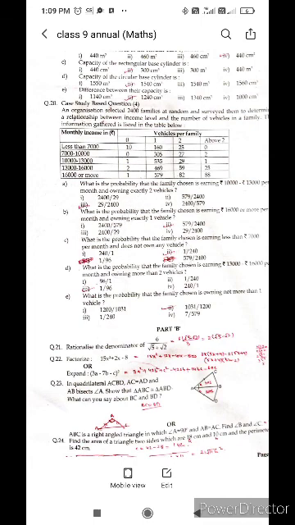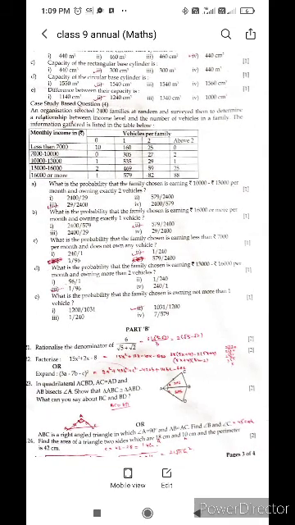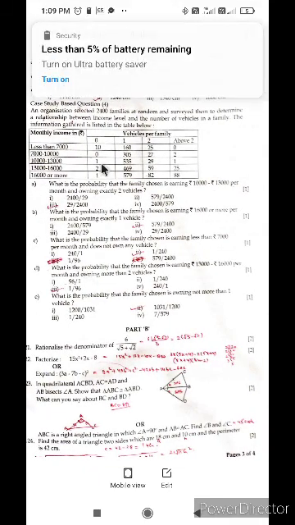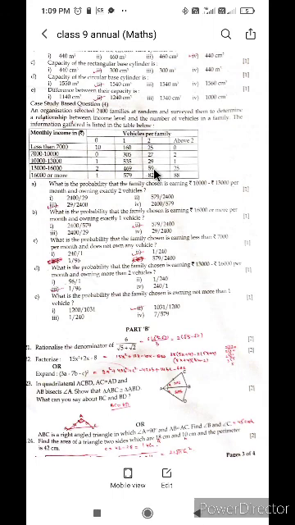Next part, what is the probability that the family chosen is earning 13,000 to 16,000 per month and owing more than 2 vehicles? That is 25, so it will be 25 upon 2400.